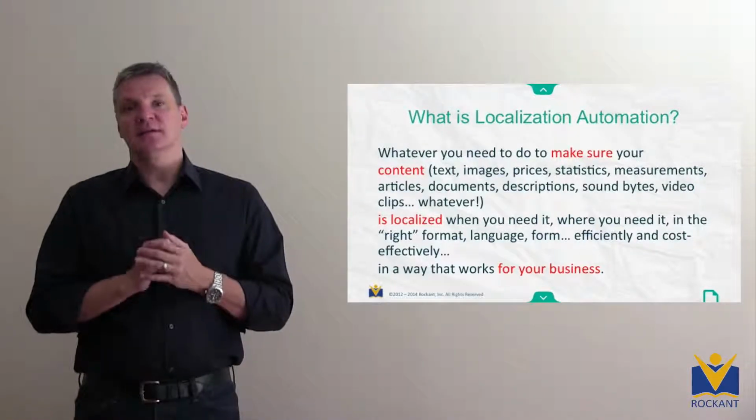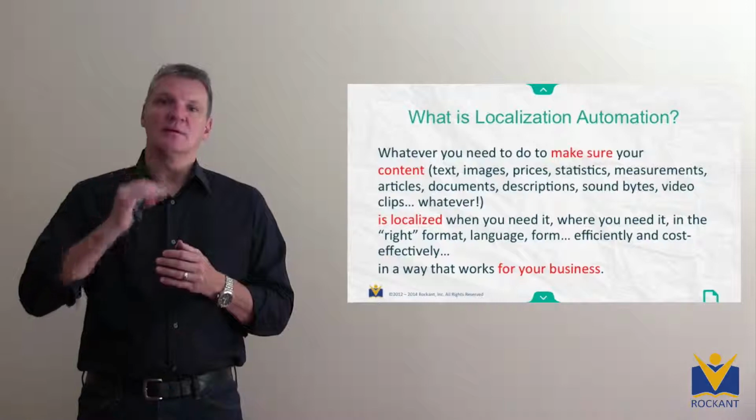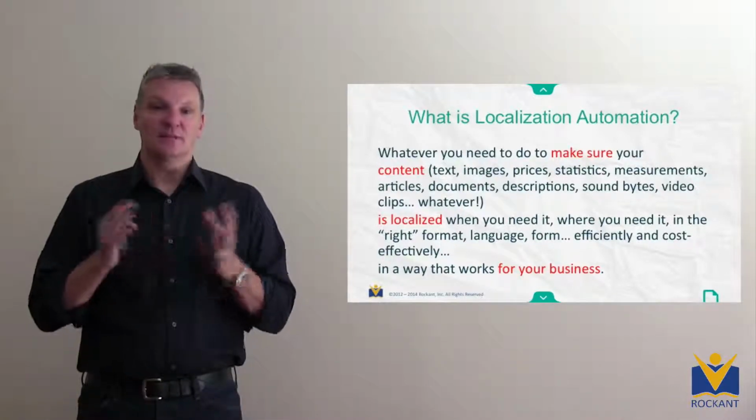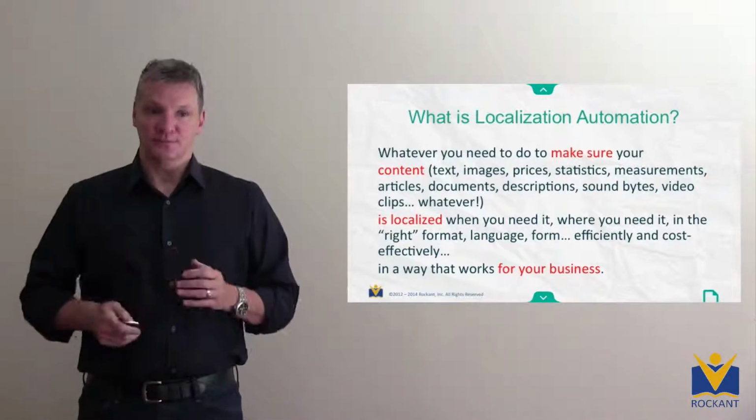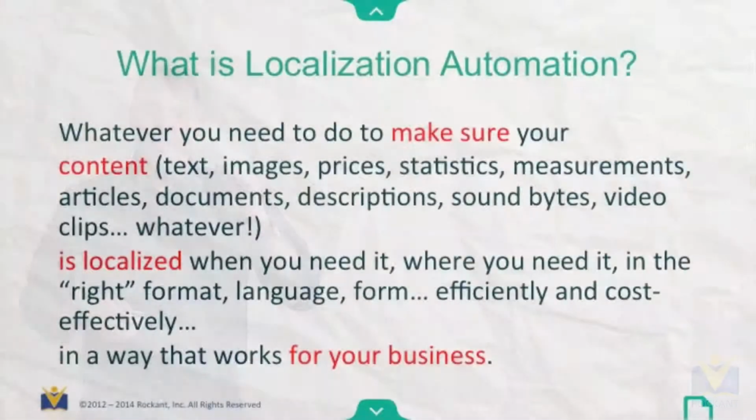And the last part of the sentence is very important. We will learn later on that there is no one-size-fits-all solution. At a very minimum, the mission statement is here in red, which means make sure content is localized for your business.